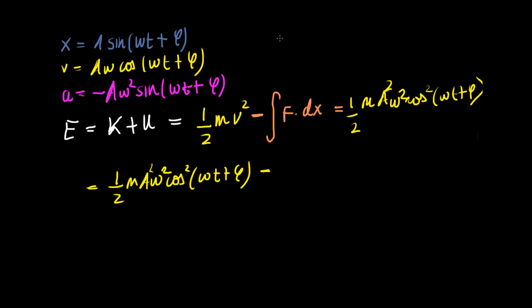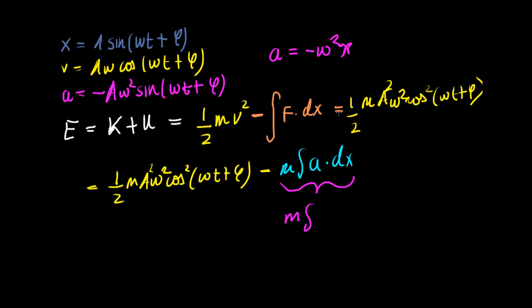minus, now F equals ma, right? I can bring the m out, so I get minus of m times the integral of a dot dx. So I'll just rewrite this term here. This term is m times the integral of, we know that a equals minus omega squared x, right?